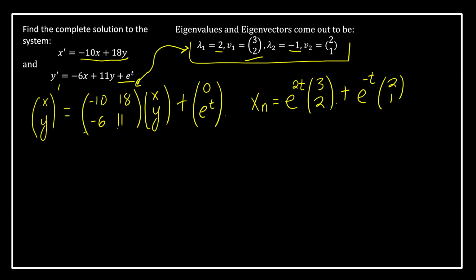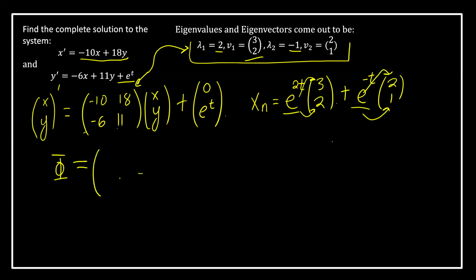Now we want to find our particular solution, and we do that by setting up our fundamental matrix, capital Phi. I like to call it the big green lantern symbol. Essentially, all we do is take these e's and multiply them in, and then combine them into a 2 by 2 matrix.